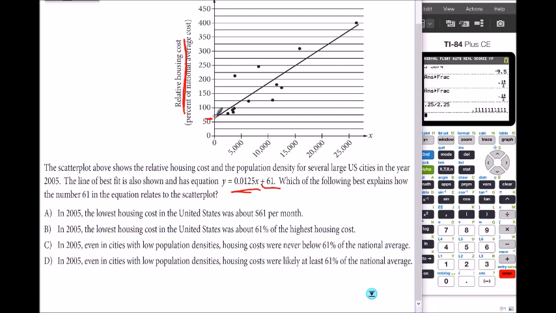So the lowest housing cost in the United States was about 61 per month. No. The lowest housing cost for the United States was about 61% of the highest. No, that doesn't make sense. Even in cities with low population density, housing costs were never below 61.